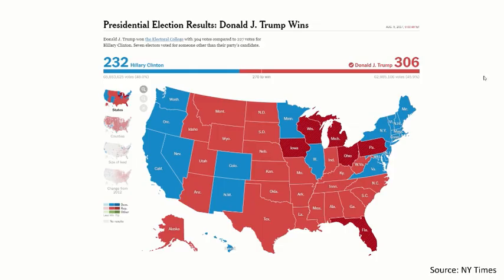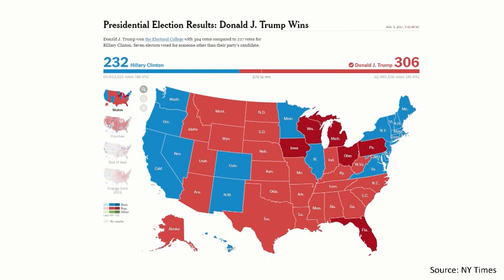However, as we know from the 2016 presidential election, that does not mean Biden will necessarily win the election. In the U.S., the winner of the presidential election is the winner of the Electoral College. In the Electoral College, there are 538 electors.